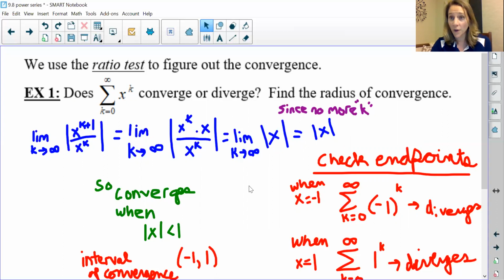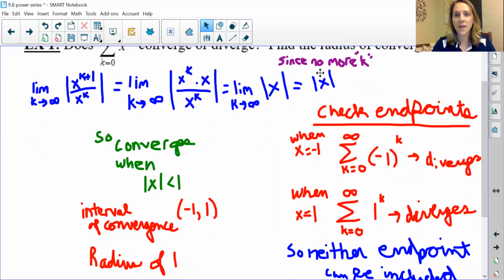So this would converge according to the ratio test when this limit, this absolute value of x, is less than 1.